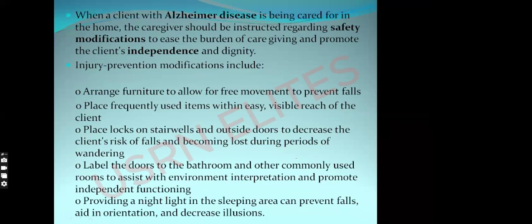When a client with Alzheimer's disease is being cared for in the home, okay, so before this one, let me try and add one or two things. Remember, we said those who get this Alzheimer's disease, it emanates from the frontal lobe of the brain.